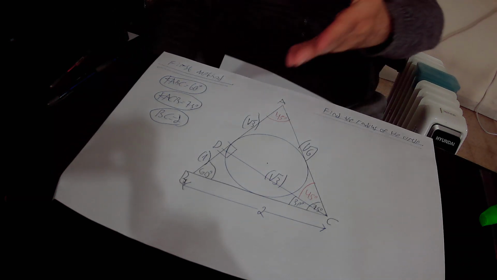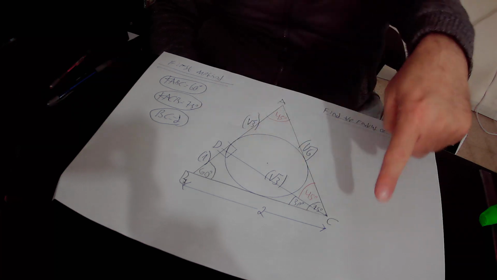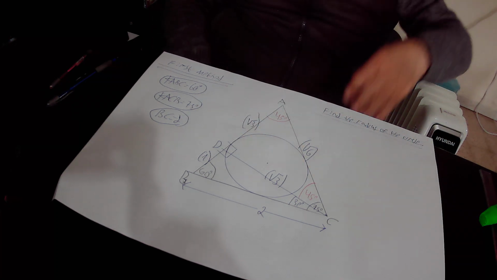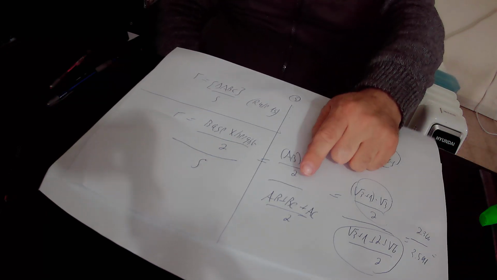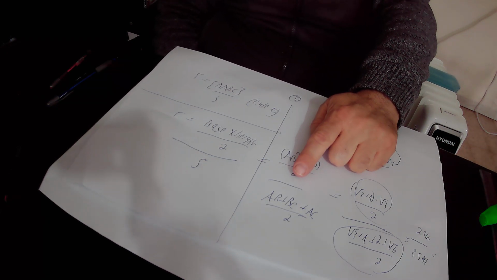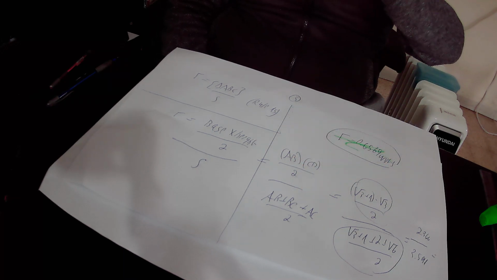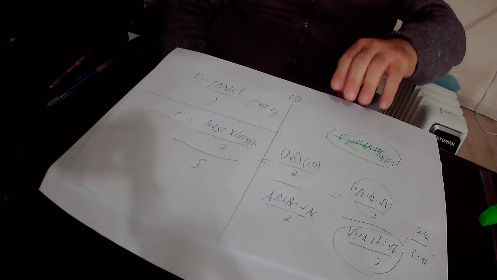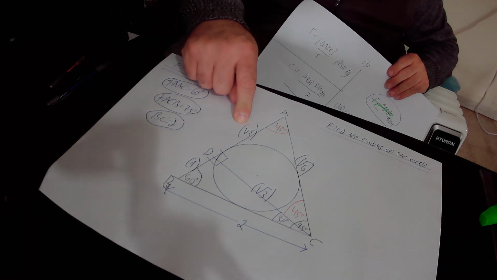The semi-perimeter of this triangle ABC equals the perimeter, AB plus BC plus AC, over 2. Okay, so we have already found out that AB equals the square root of 3 plus 1.